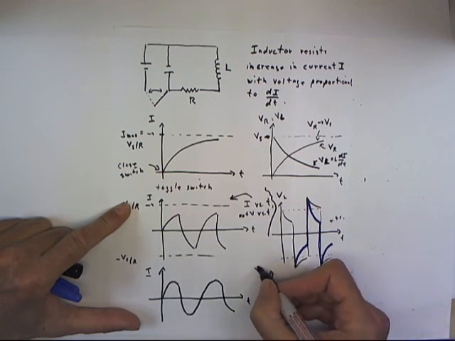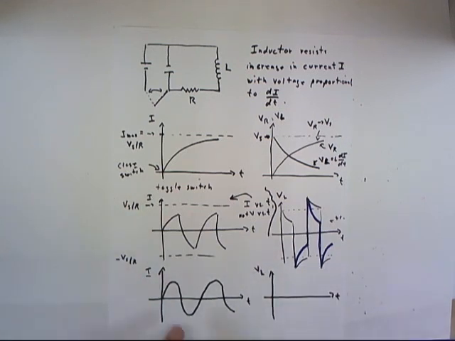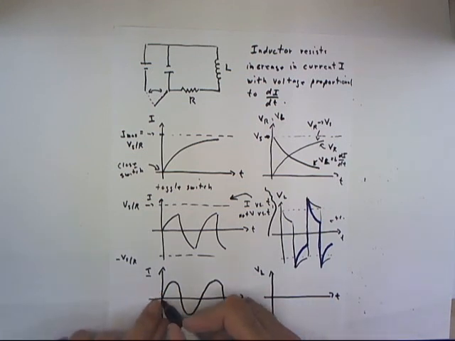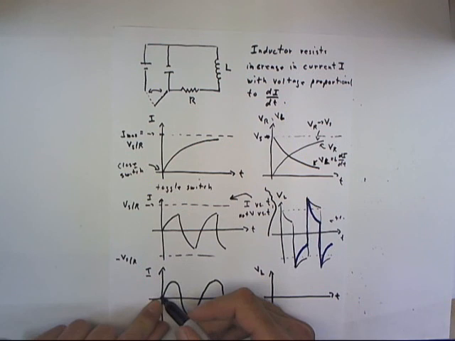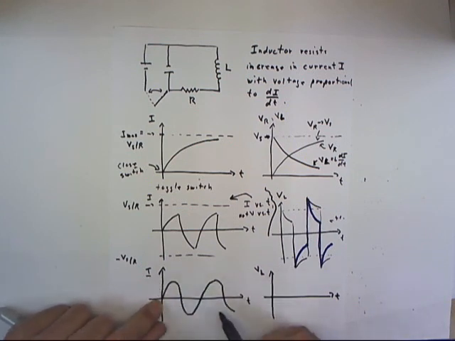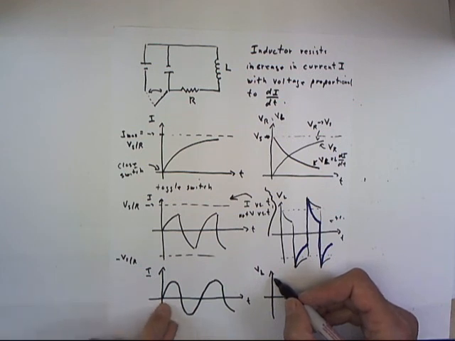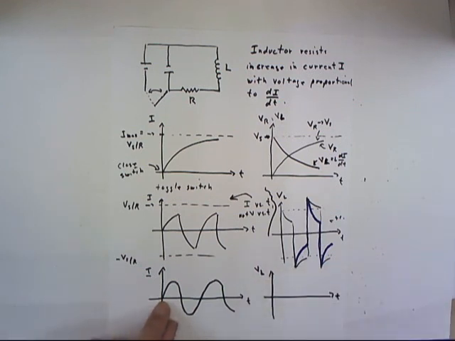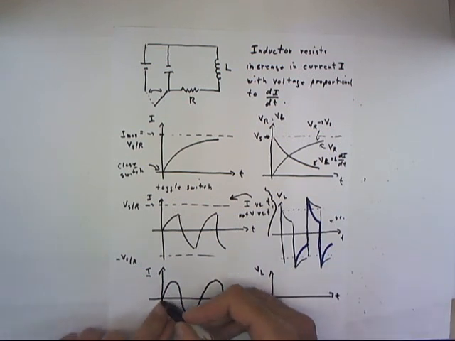And if you then look at the voltage across the inductor as a function of the current in the circuit, the voltage is high when the slope of the current graph is positive, when the graph is steep, so that we're going to start out with a high voltage.